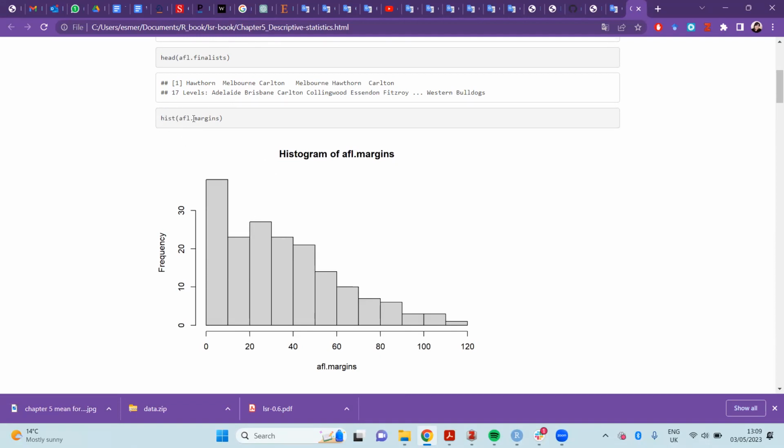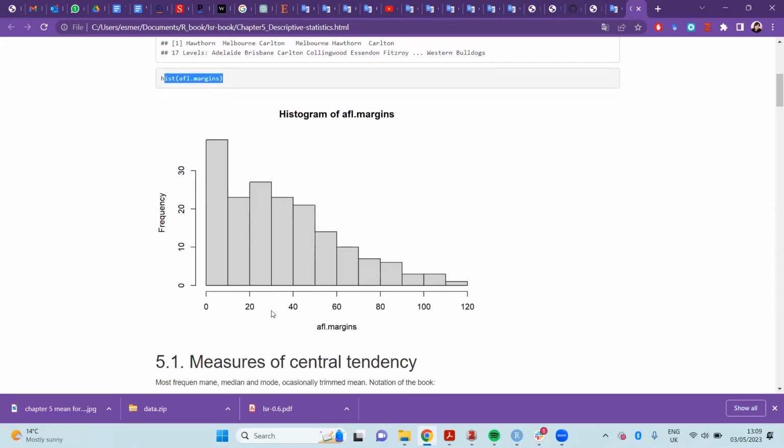R has a function called hist that is an easy way of producing a simple histogram. And here, for example, we can start to see some of the properties of the data set.